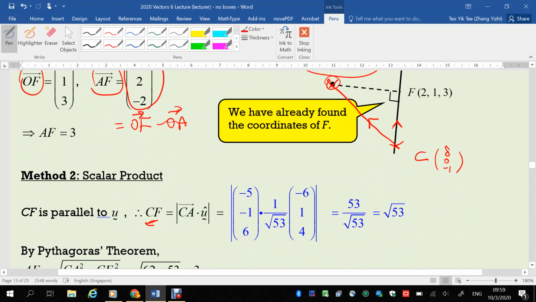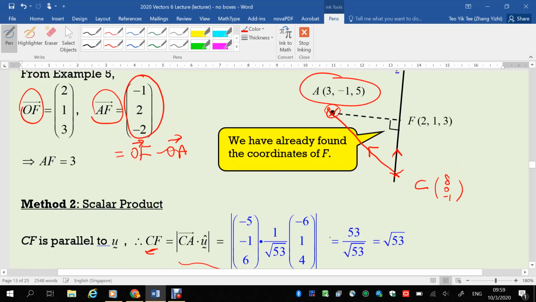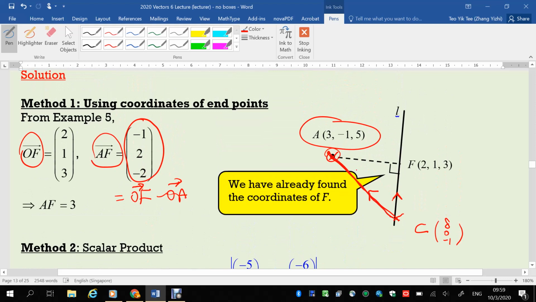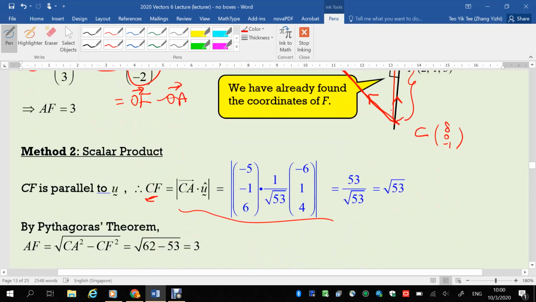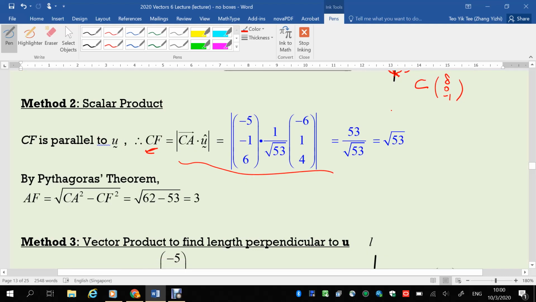This directly gives me the length of CF, the length of projection of CA onto the line L. But I'm interested in the length of AF. So I activate Pythagoras theorem. Using Pythagoras theorem, I can also find the length of AF.